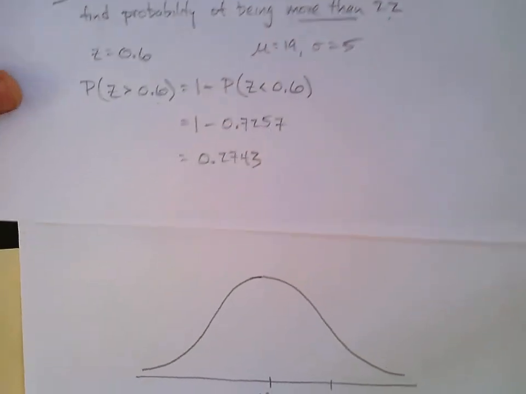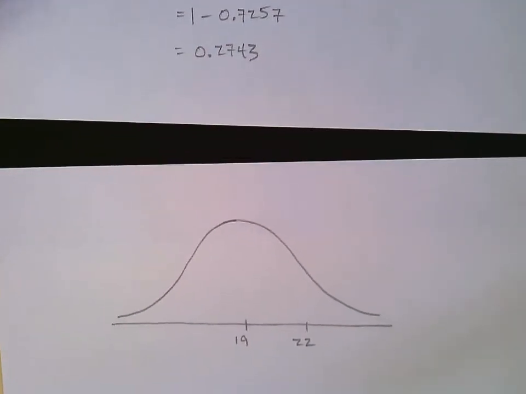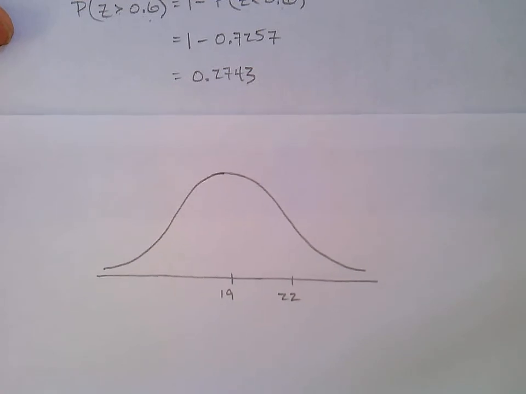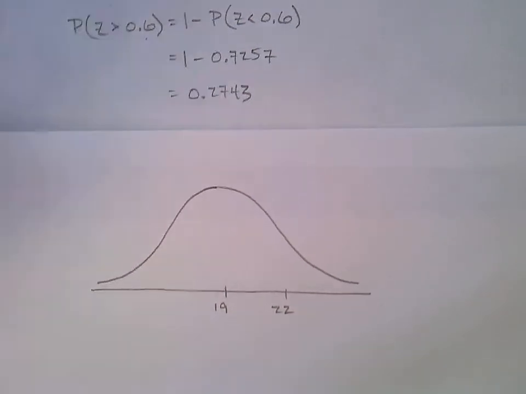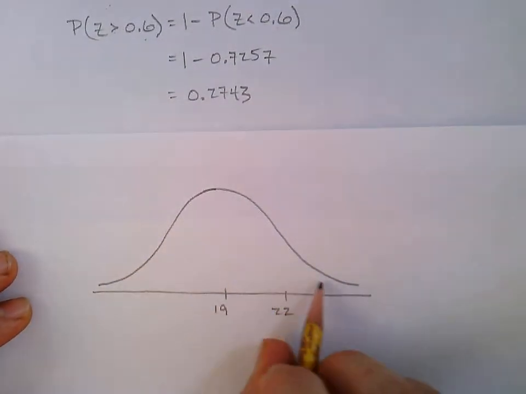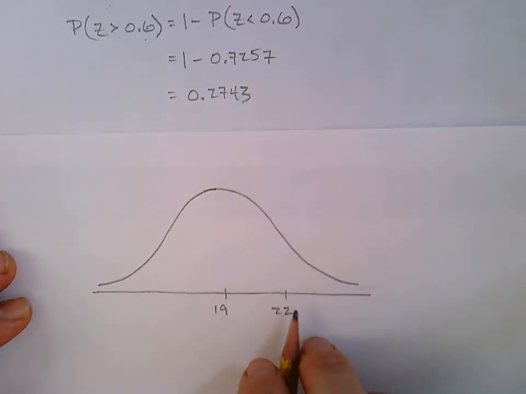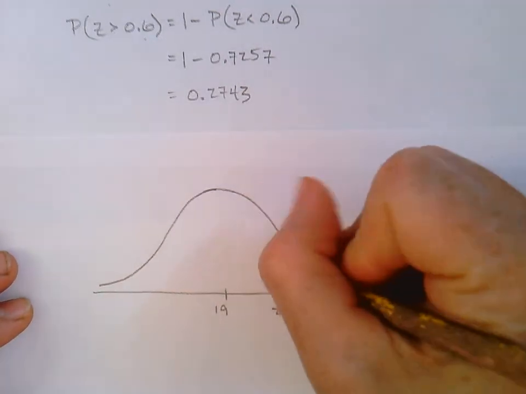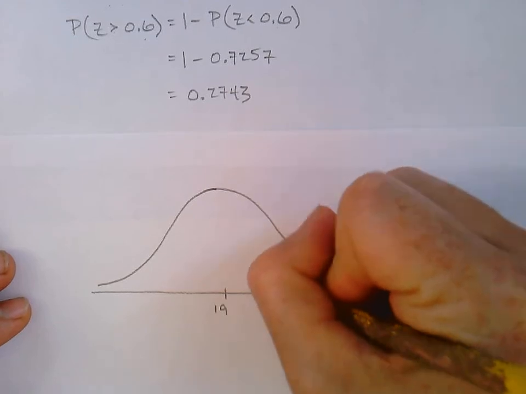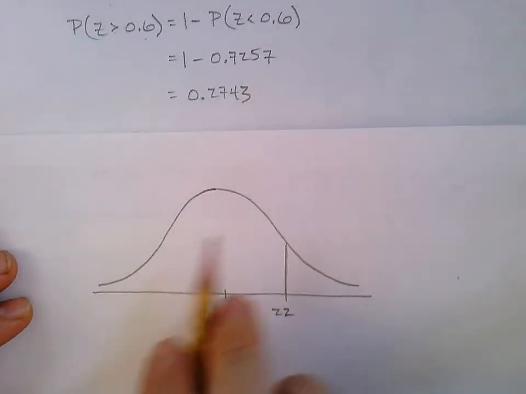Okay, so that would be the answer to the question, but now we want to make a drawing and shade. So let's see if I can fit all this on the same screen. Okay, that's pretty good. So I'm going to start by drawing a bell curve again, right? Again, at the center, I'm going to put the mean, which is still 19. And my data value is still 22, so that goes up here. And I'm going to draw a line right there. But this time, how am I going to shade?